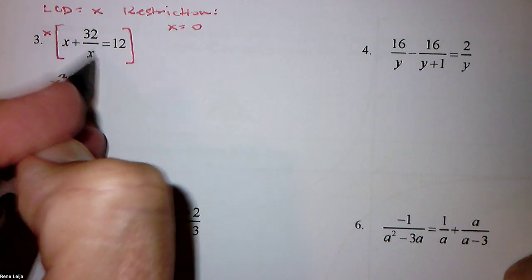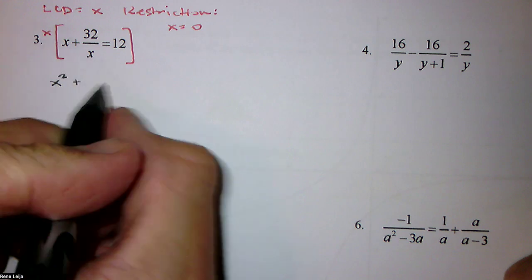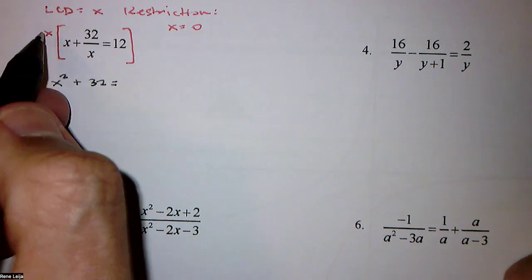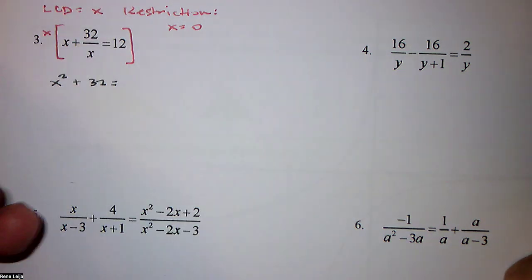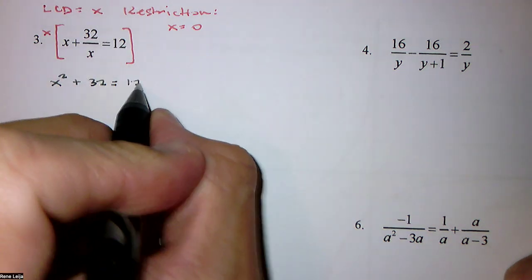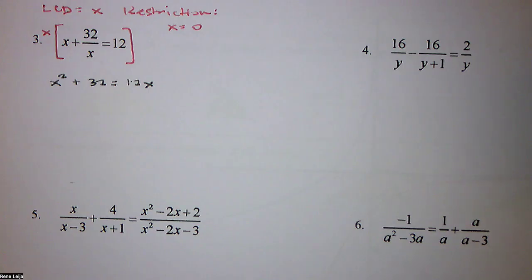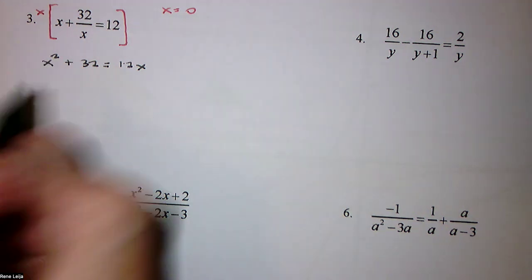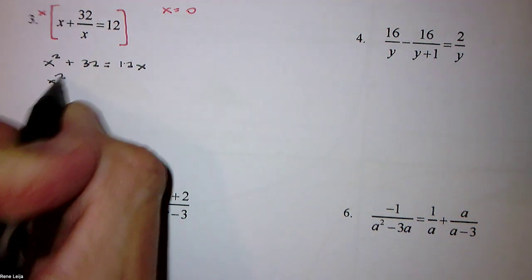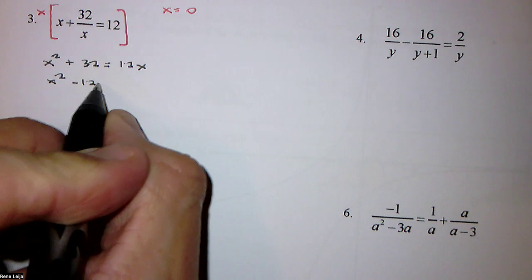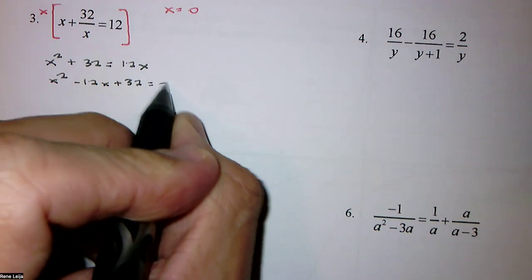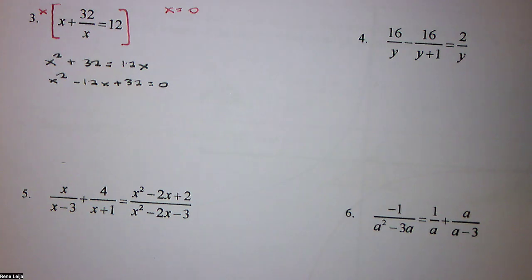When I distribute to this term, the x's are going to reduce, so I'm left with 32 equals, and then when I distribute all the way over to the 12, we're going to be left with a 12x. So I have an x squared, which means I've got a quadratic. In quadratics, remember that we have to set them equal to 0. So we're going to subtract the 12x from both sides. I'm going to put this in descending order, set it equal to 0.